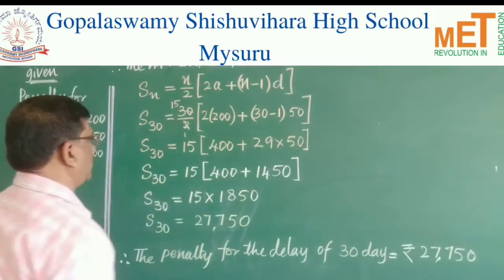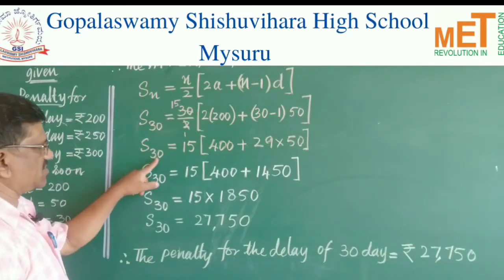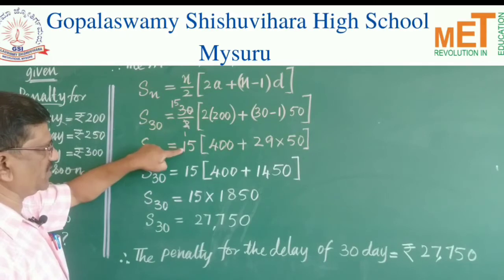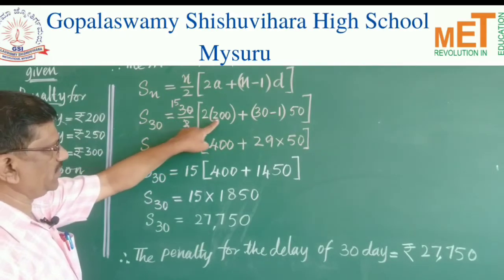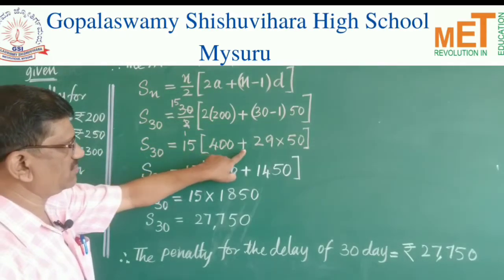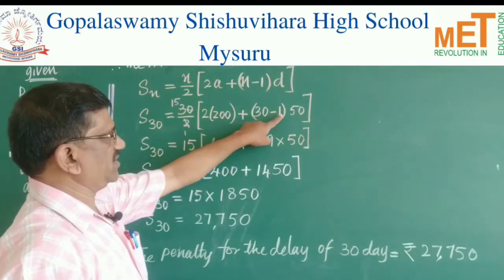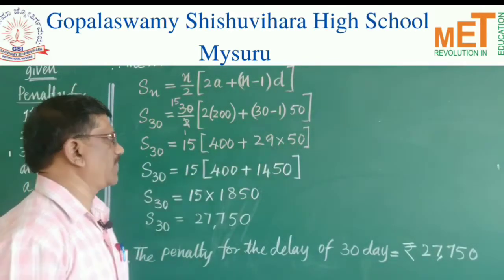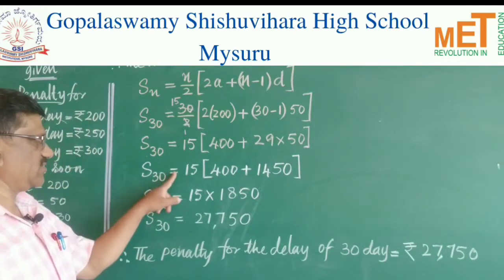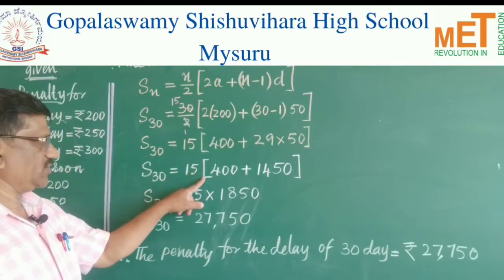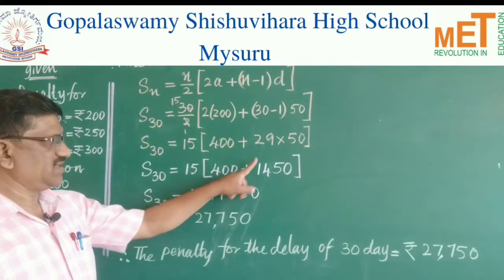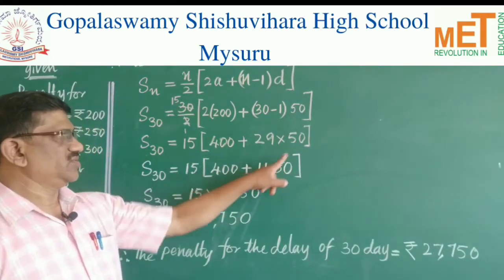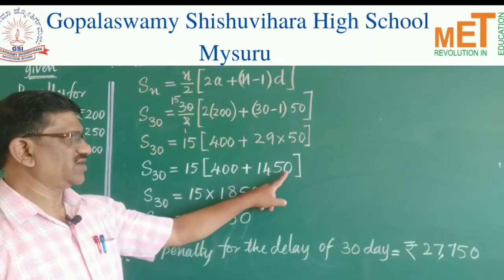Now, the next step, S30 is equal to 2 ones are 2, 15 twos are 30, so 15 comes here. So 2 into 200 is 400 plus 30 minus 1 is 29 into 50. So S30 is equal to 15 into 400 plus 29 into 50. If you multiply, you will get 1450.